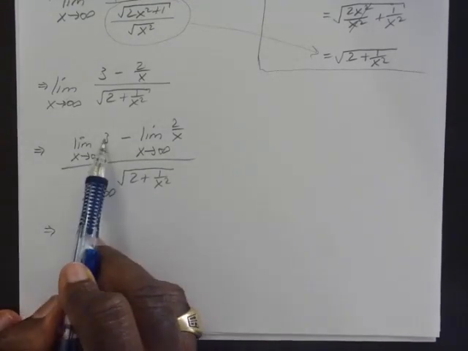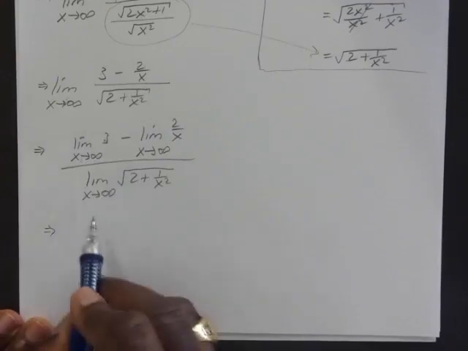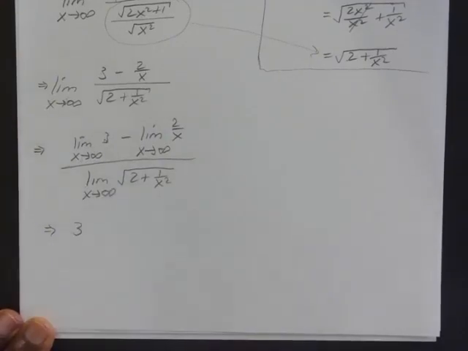Okay, so we know the limit of a constant is just that constant, so that's just 3.